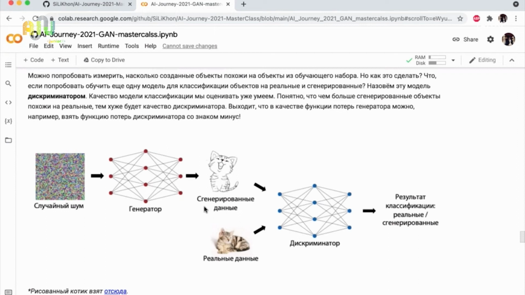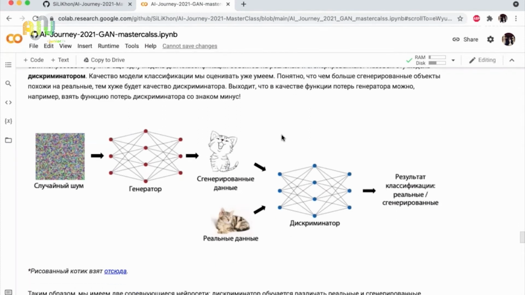There is an object that our neural network creates, and there is another set of images that we feed in. We want to train our neural network to generate something similar to our set of images. Let's add a new network that will do classification.